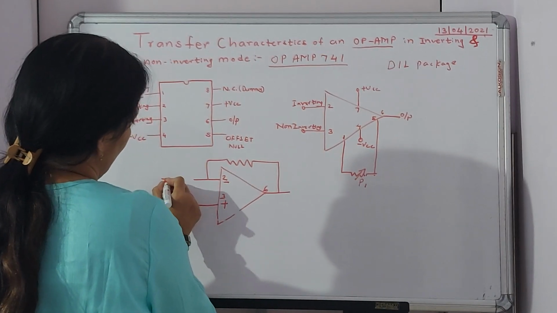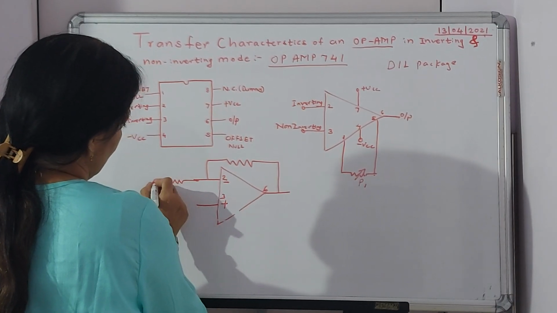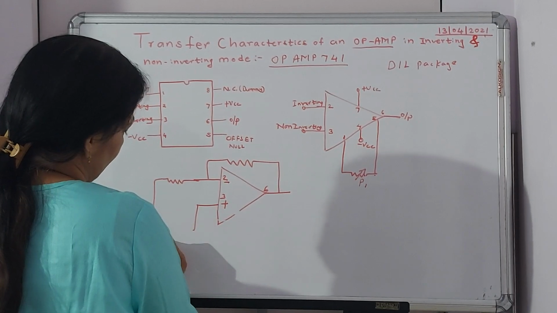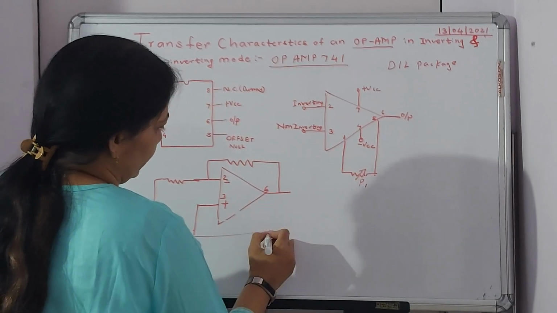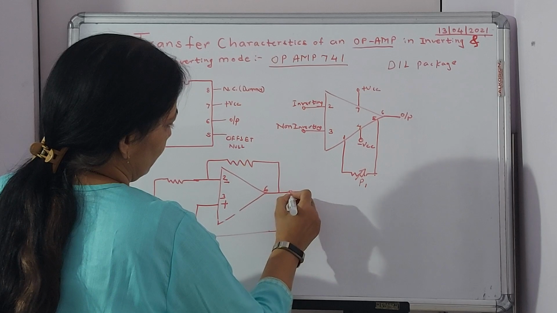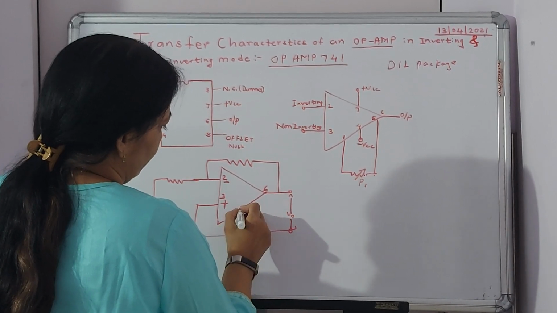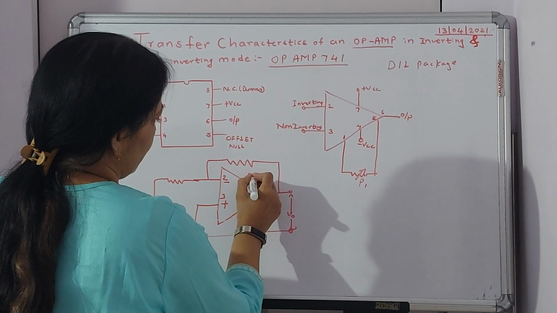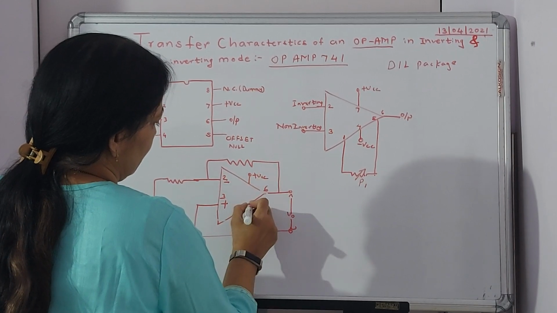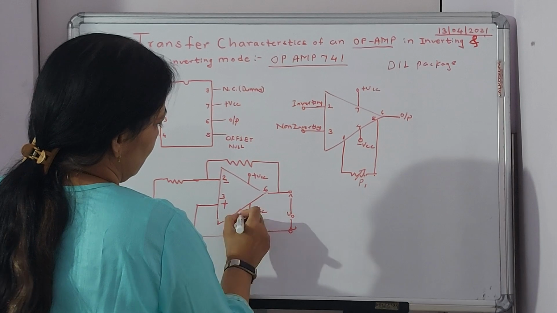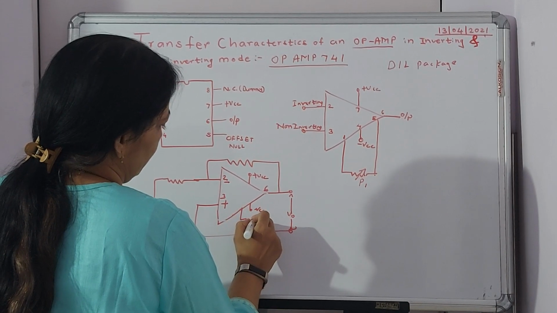So here I will show a resistance and everything connected to ground. This is output. Then here I have plus VCC, this is minus VCC, and this is a pot.